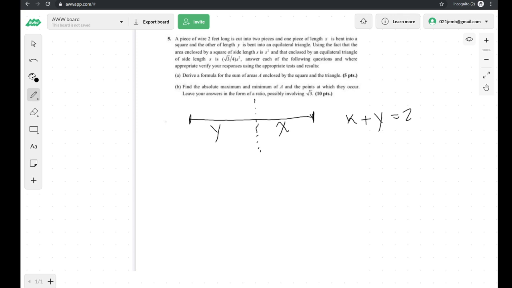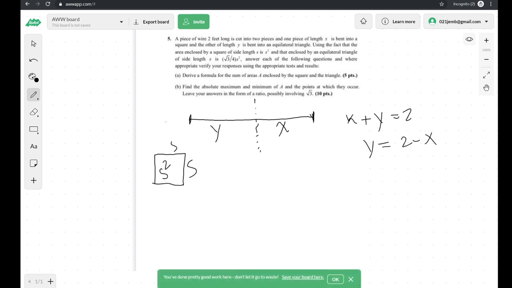And so if you want to solve in terms of y or x, you could have y equals 2 minus x. Now for the area of the square, it's going to have an area of s squared when each side has length s. But we're told that the piece of length x is bent into that square, so the perimeter of the square has to be equal to x.